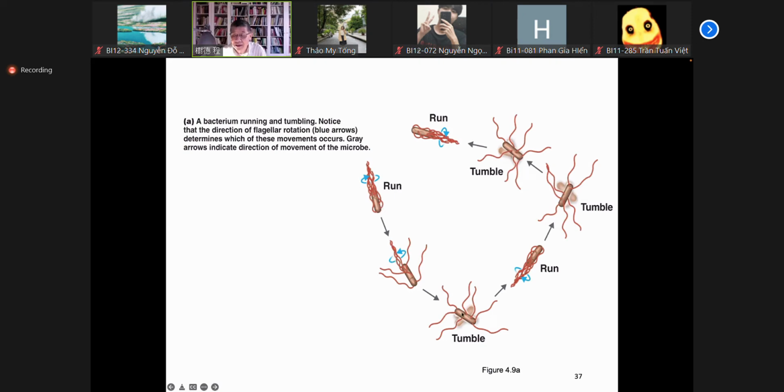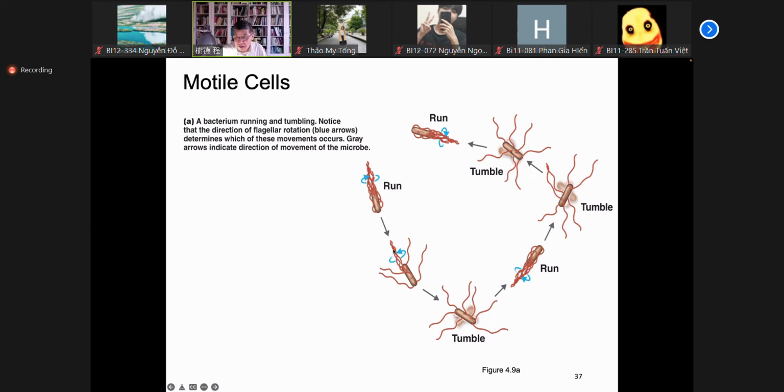However, if they turn in that constant direction, it's called a tumble. Then they find a new direction.